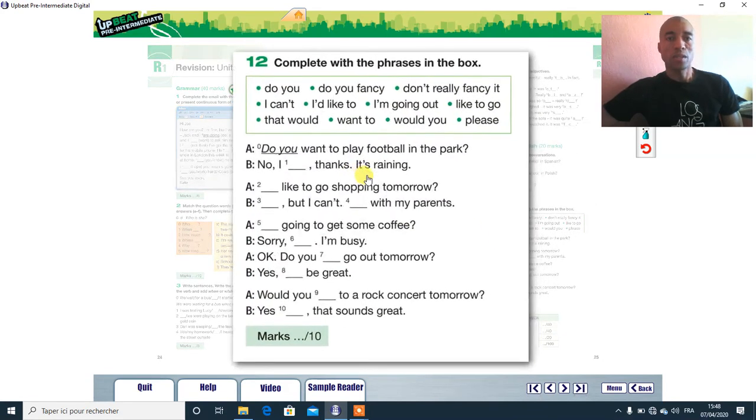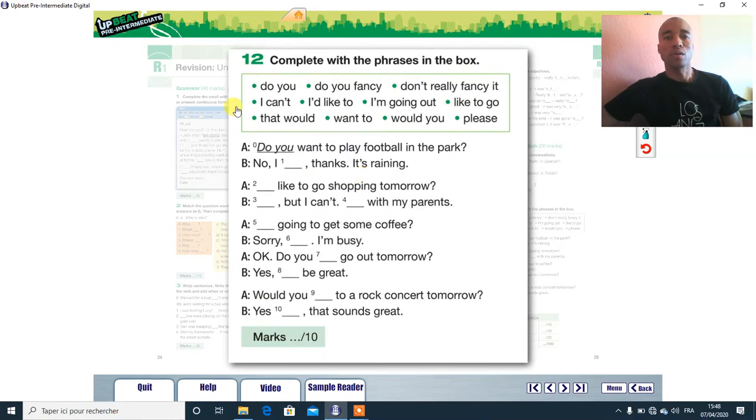And for this one, it says complete with the phrases in the box. So you have do you fancy, don't really fancy it, I can't, I'd like, I am going out, like to go, that would, want, and would you please. Okay, so the first one is also done. Do you want to play football in the park?